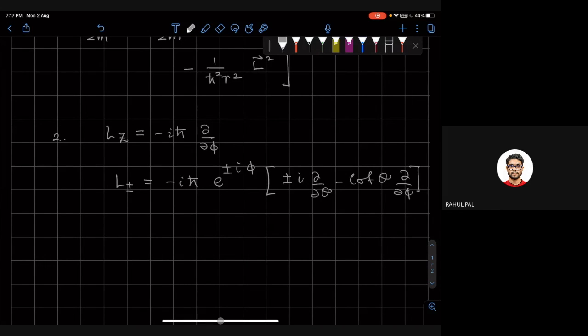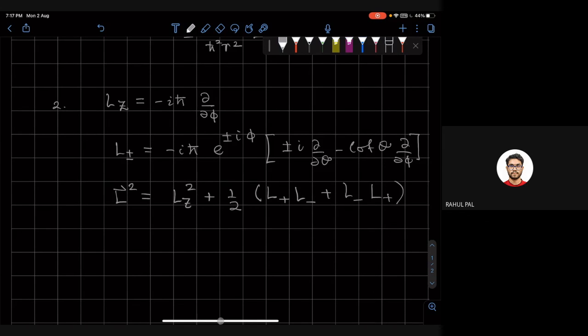And for the L squared operator, to compute that in terms of the spherical polar coordinates, we need to express it in terms of Lz plus L plus and L minus. So if you do that, we get Lz squared plus half of the anti-commutator of L plus and L minus.